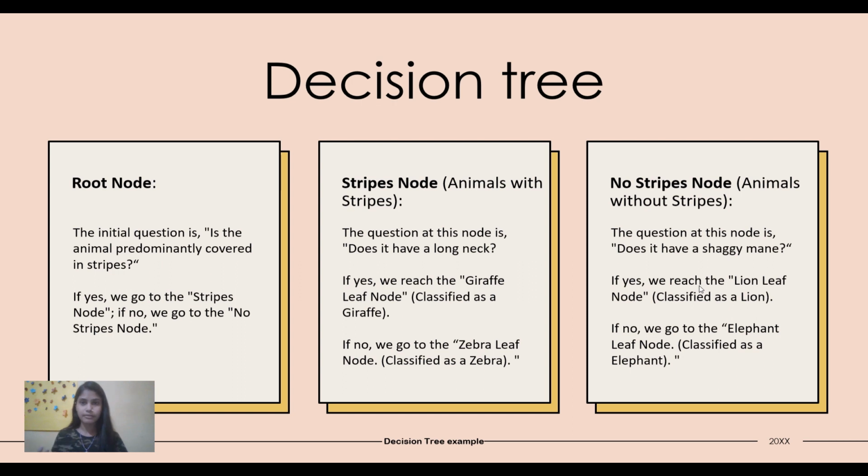If yes, we classify it as a giraffe, and if no, we classify it as a zebra. On the no stripe node, the animals do not have stripes, and we ask the question, does it have a shaggy mane or not? If yes, it is a lion leaf node. And if no, it is an elephant leaf node.